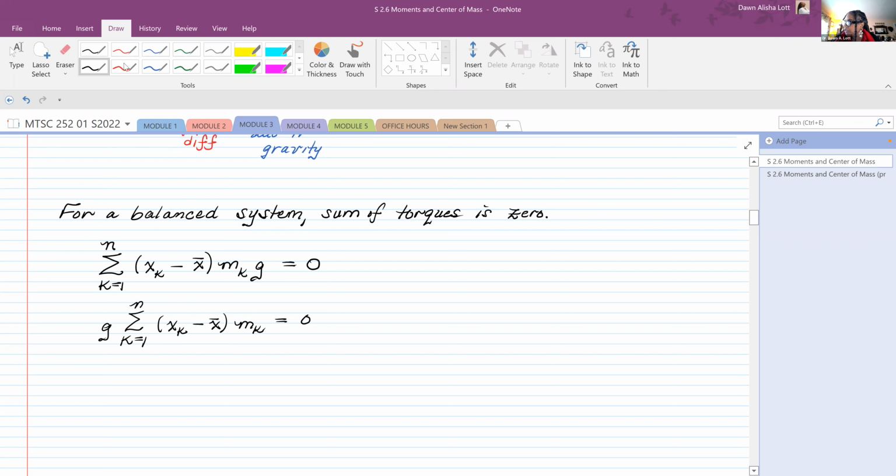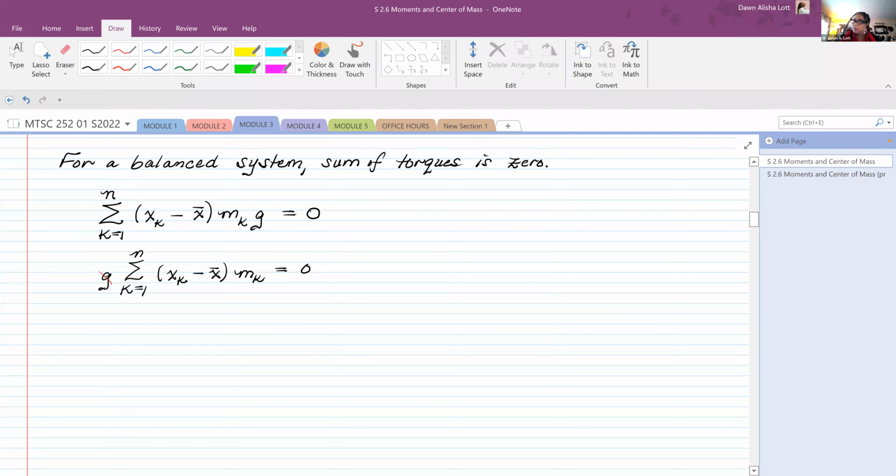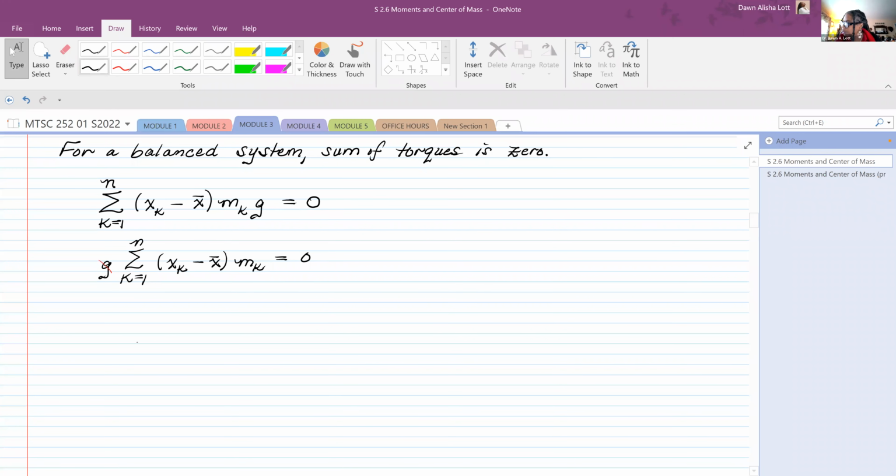Now I can divide both sides by g, and the g is gone. Now I'm going to do the distributive property. Sum k equals 1 to n of xk times mk minus X bar times mk is equal to 0, because all of that is inside the sum.